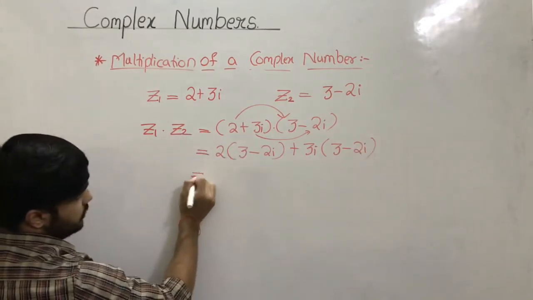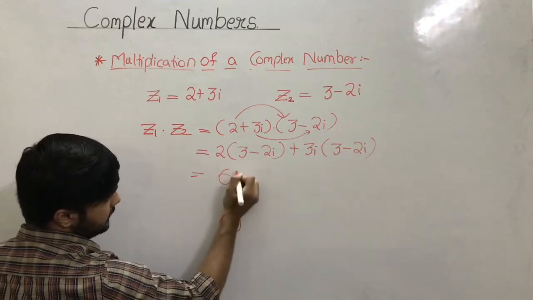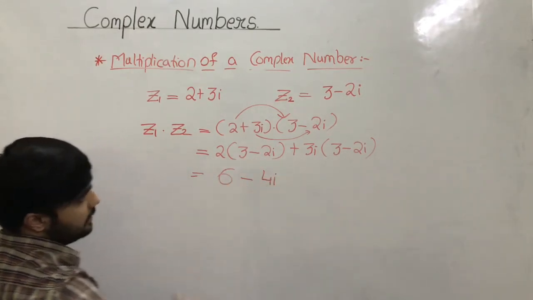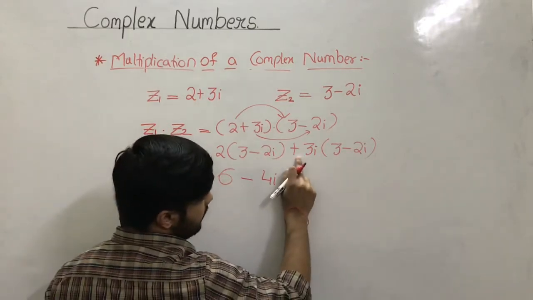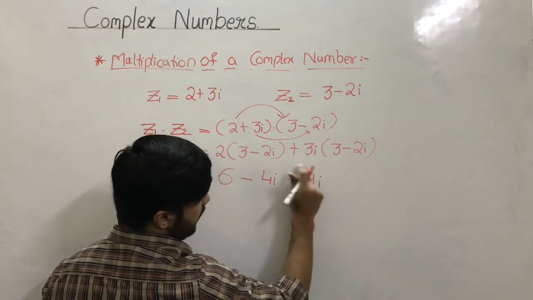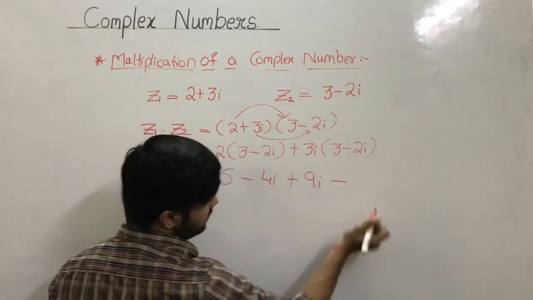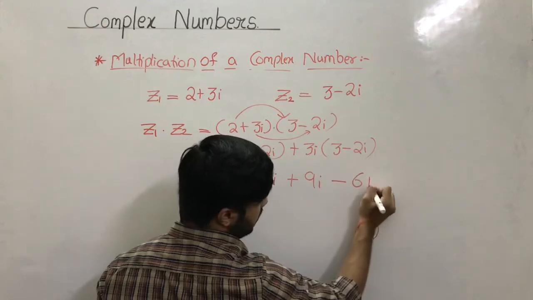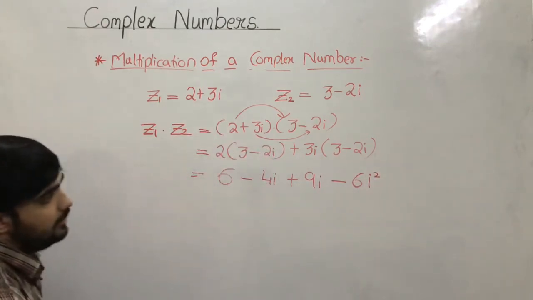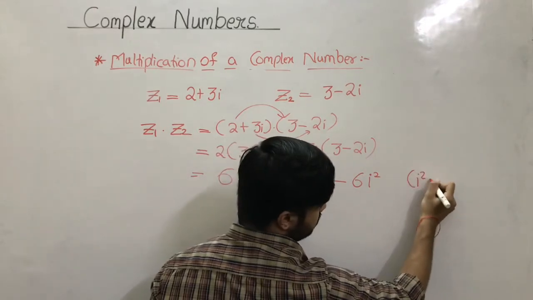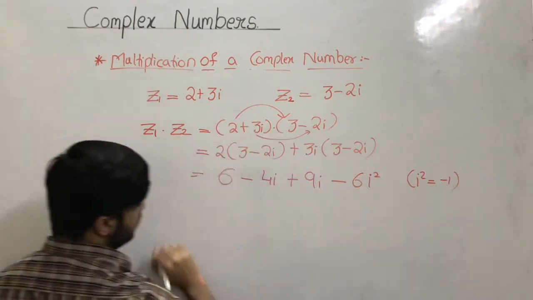Now we'll solve this. So 2 3s are 6, minus 2 2s are 4 and i as it is. Similarly plus 3 3s are 9i, and plus into minus is minus, so 3 2s are 6 and i into i is i square. Now we know that i square is nothing but minus 1, so we can put this in.